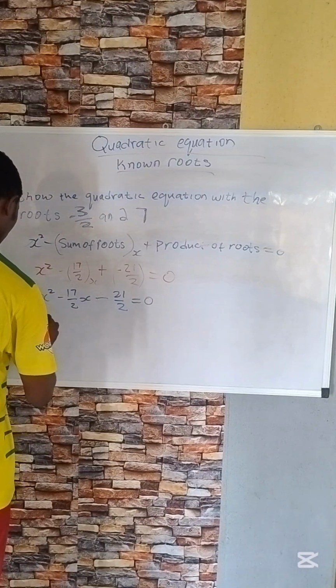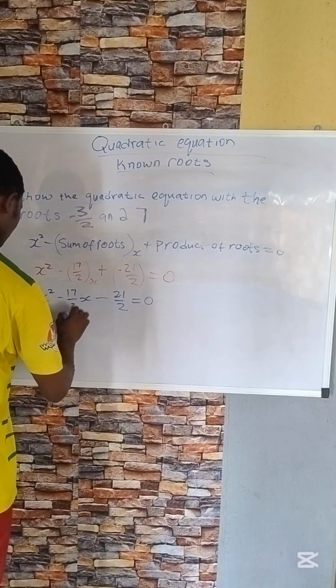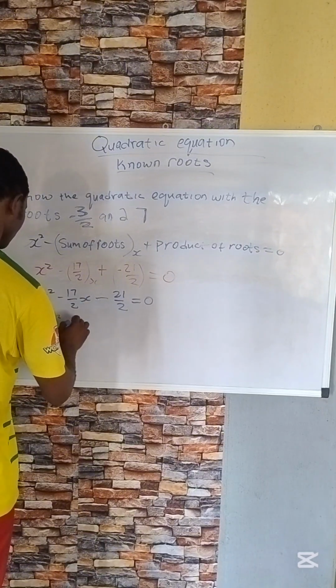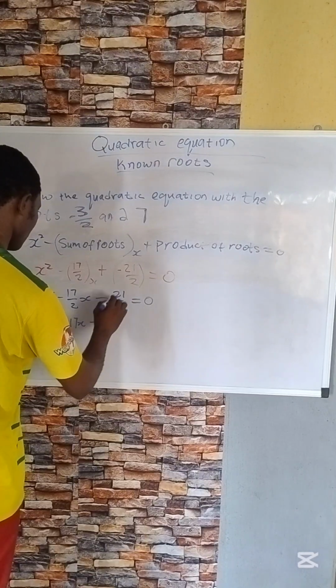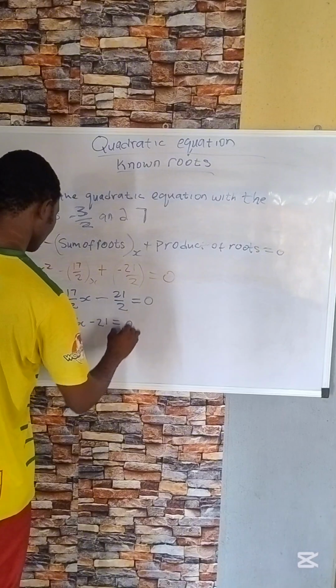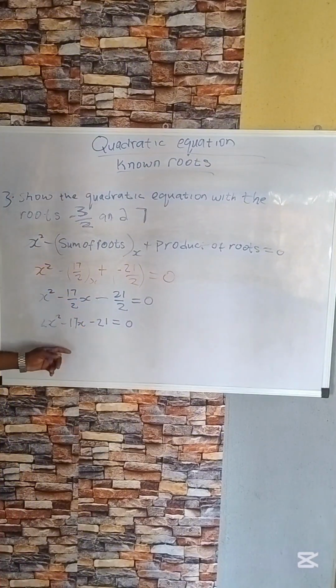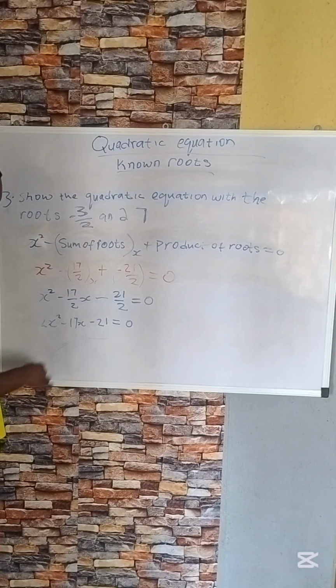This becomes 2x squared minus 11x minus 21 equal to 0. And so this will be our quadratic equation that gives us these roots. This is our final answer.